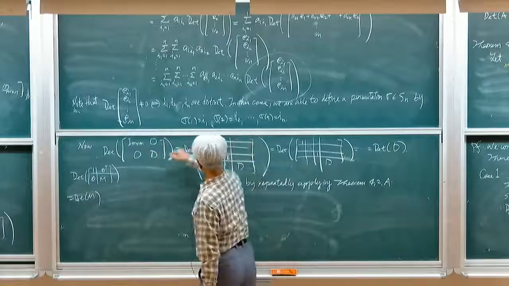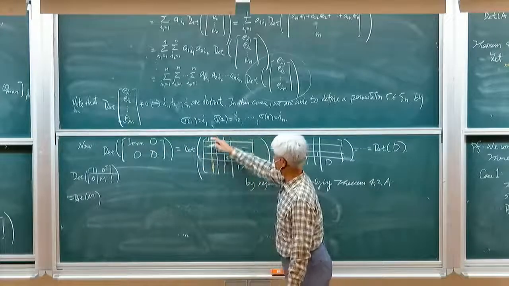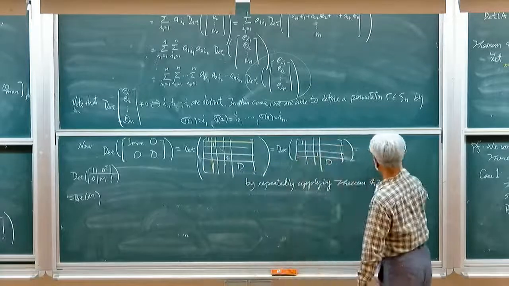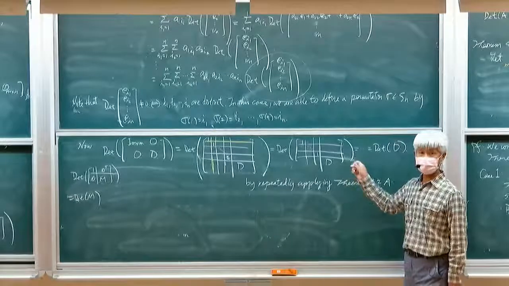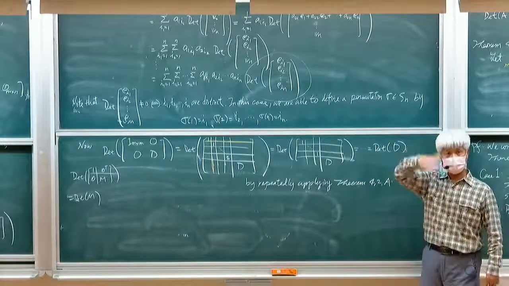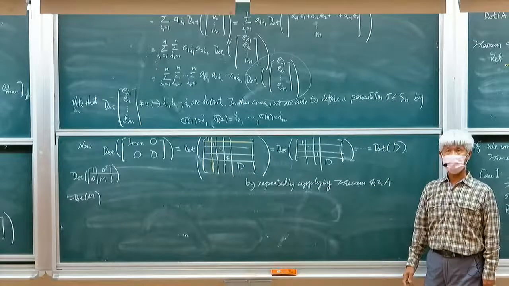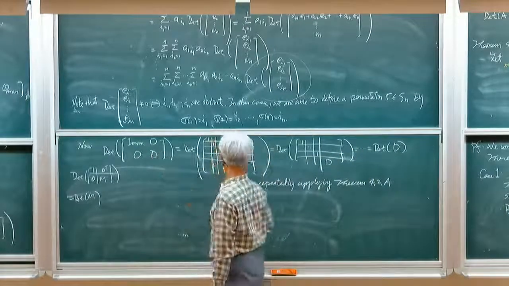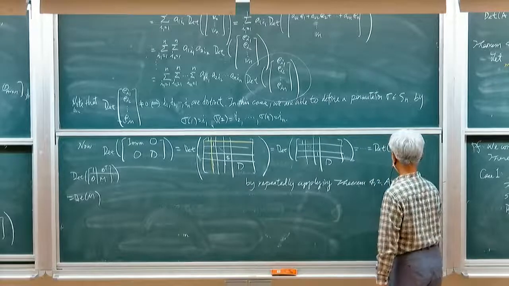This is the identity, so we have 1 there. Every time we reduce one order of the determinant, so finally we get the determinant of D. We just repeat using the same theorem again and again. How many times? Actually, m times, because this is an m times m matrix.